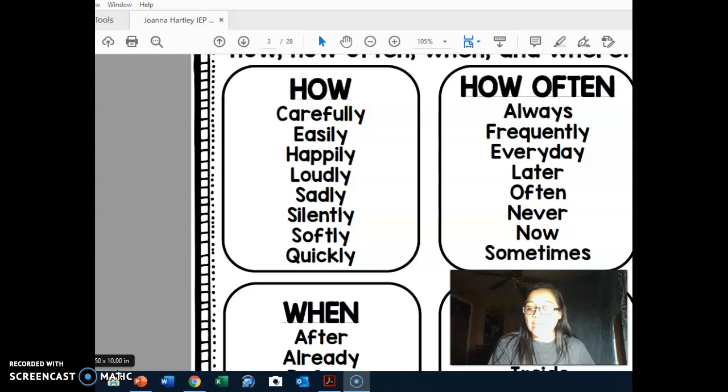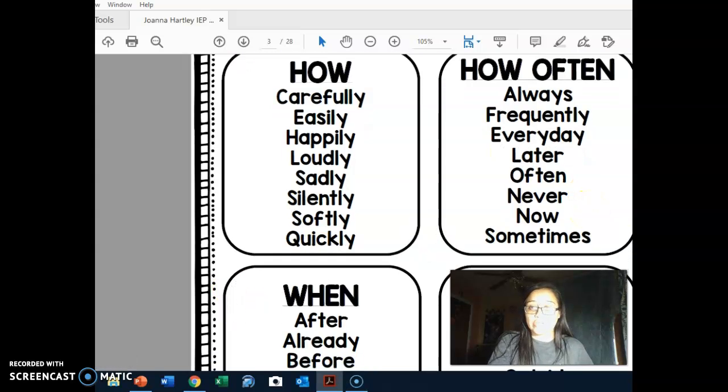So can we say how? So how does he eat peas? Can we say how often? Remember, look at your words right here. You can look at your keywords. He never eats peas. So what would be our adverb? Never. And let's continue to the worksheet.